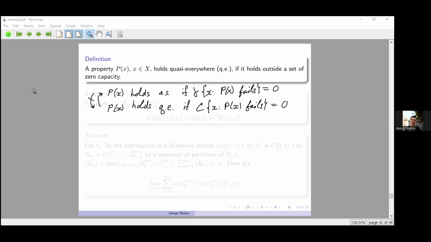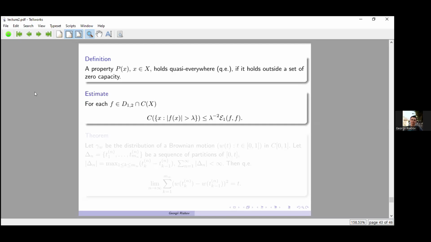Okay, so to prove that some property holds quasi everywhere, there is a simple estimate.